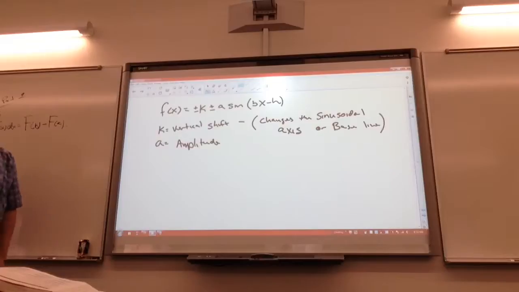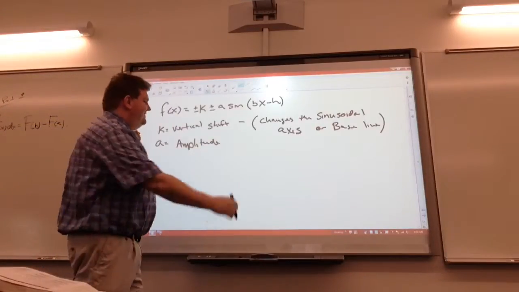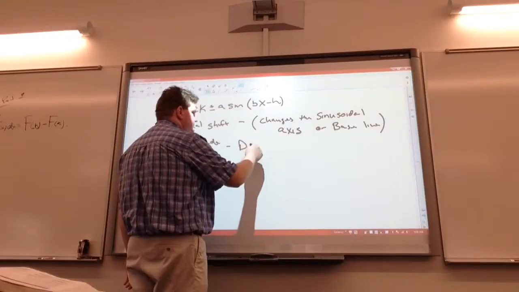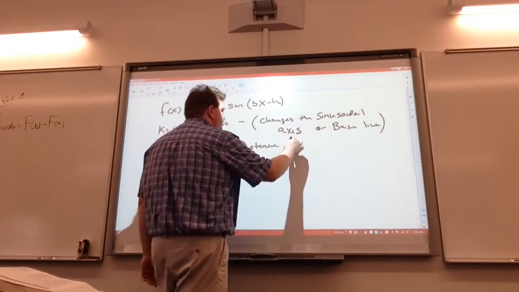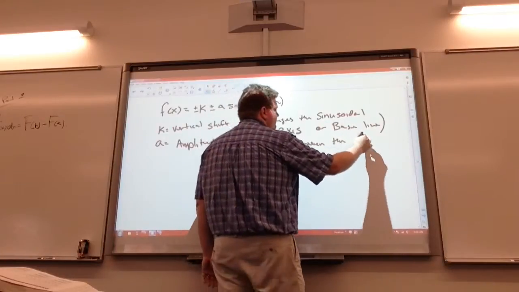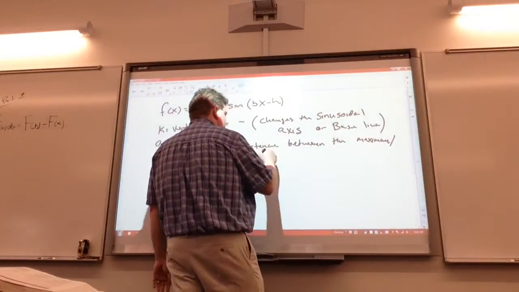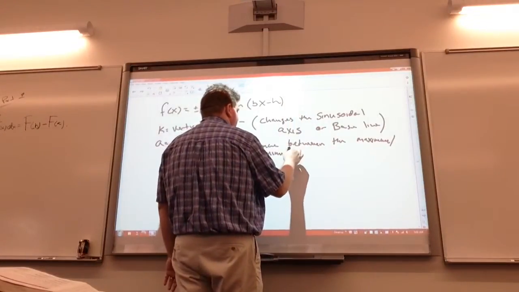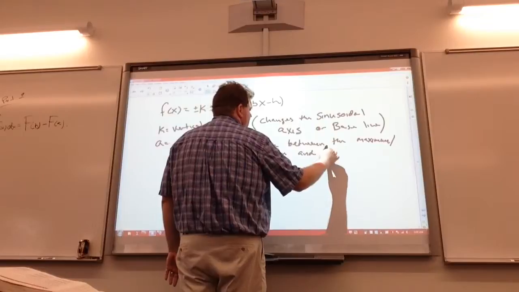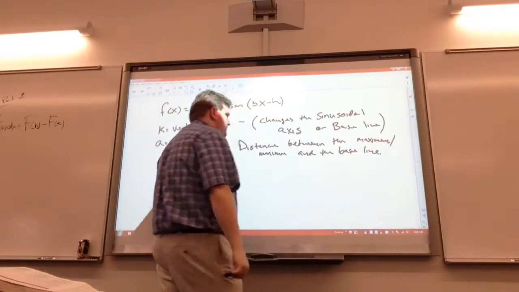You remember those terms from 6th grade physical science when we're looking at a beach wave. The amplitude is specifically the distance between the maximum or minimum and the baseline. That's what it specifically measures.